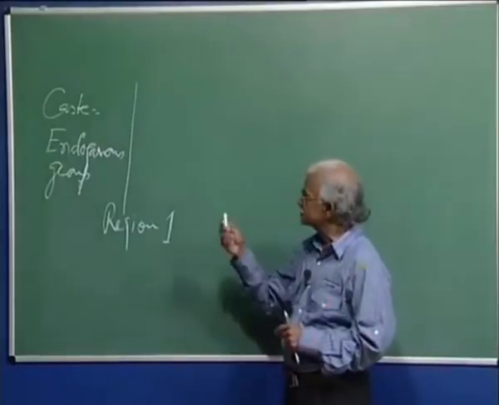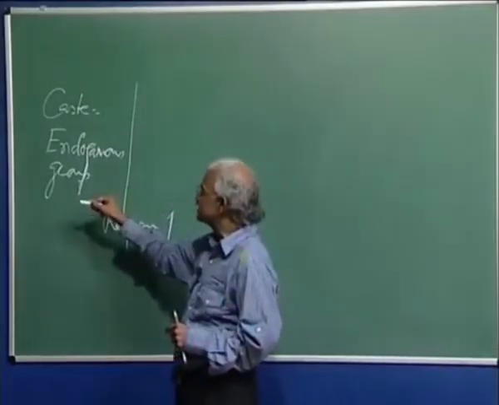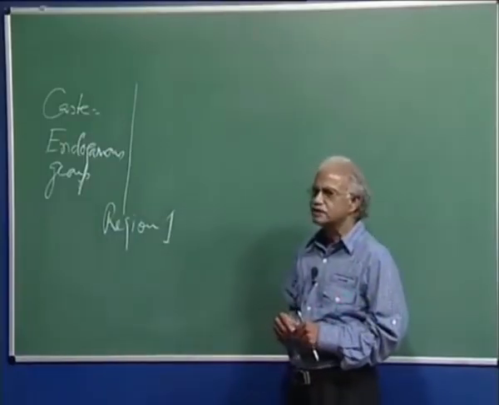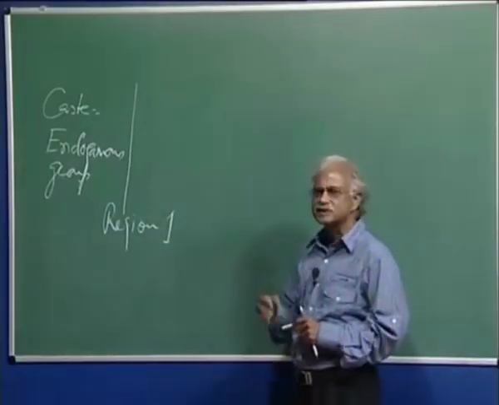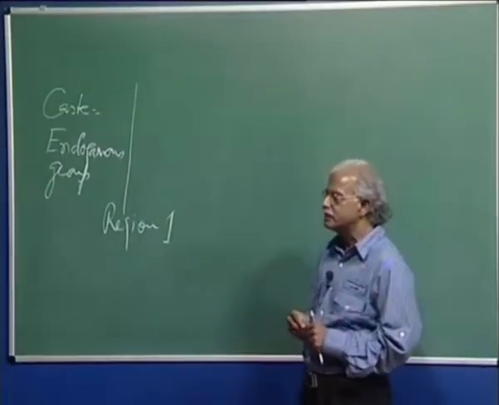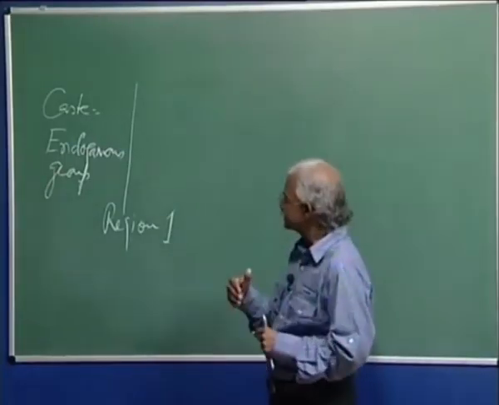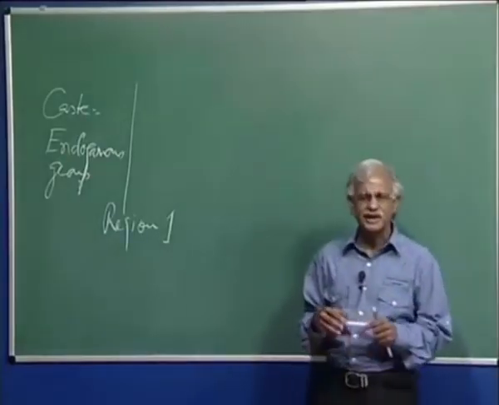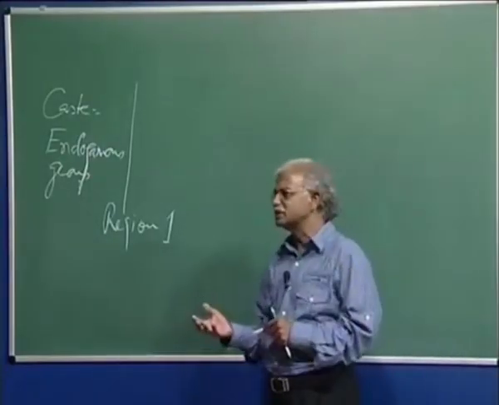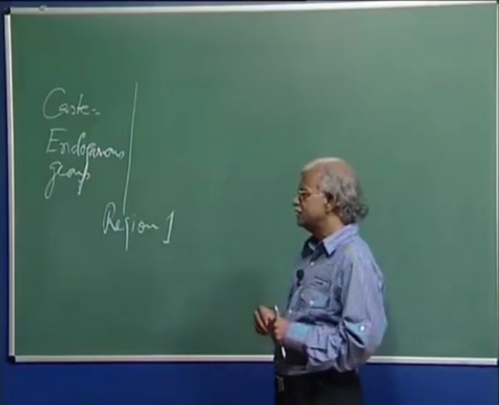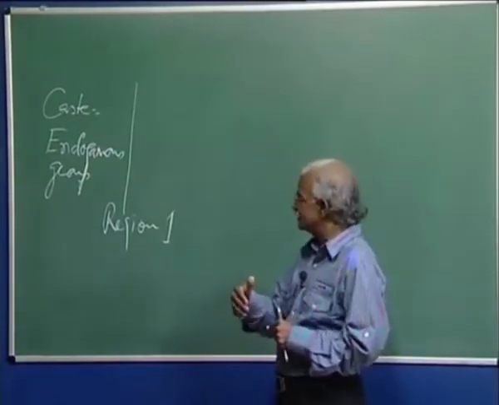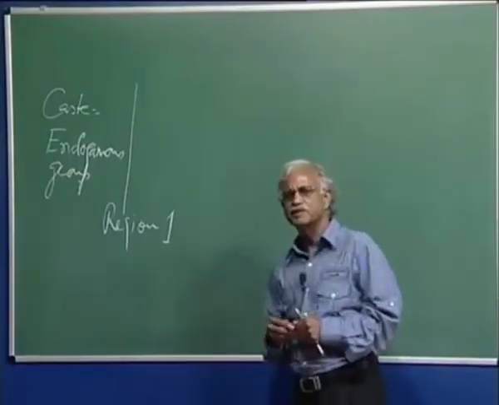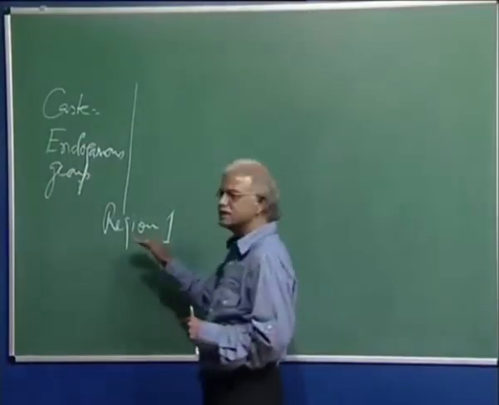There may be other associations, there may be some concepts of purity and pollution associated with this, there may be some concept of occupational association, there may be various types of restrictions on mixing, there may be many other things. There may be organization of a caste, leadership and jurisdiction, some region, some area in which laws of a particular caste apply, and therefore, it is a regional phenomenon.